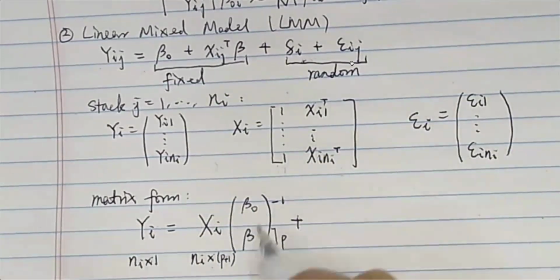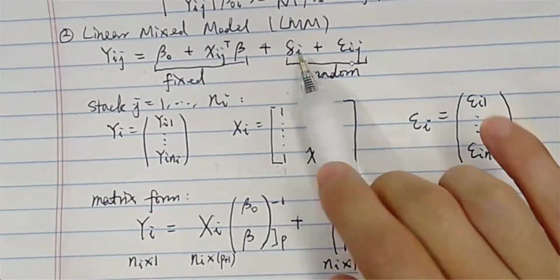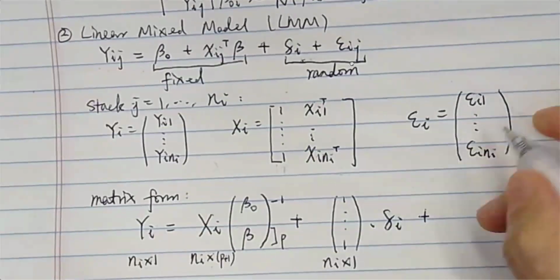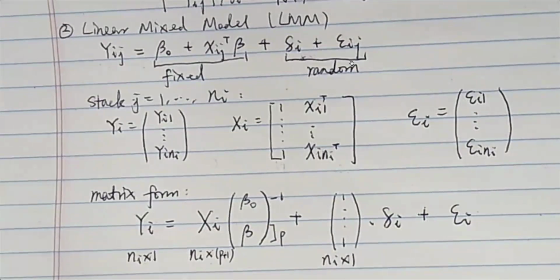So it's a (p+1) by 1 vector. So here, to match the dimension, that's what I have for the delta term, plus finally epsilon_i. So this is the matrix form for the linear mixed model.